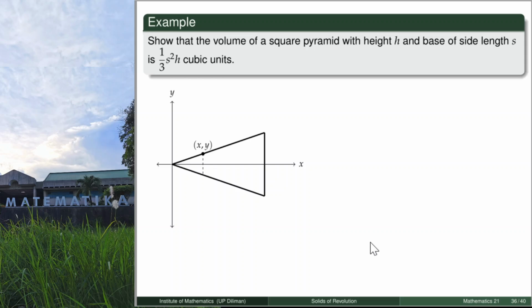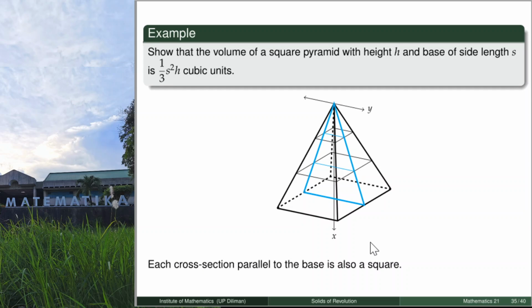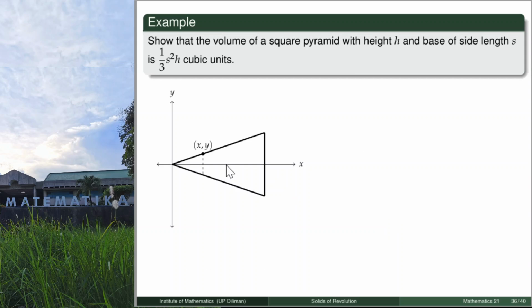So just imagine that we rotated this figure counterclockwise by around 90 degrees to get this figure. So nakahiga na siya, right? Okay, so if you imagine the pyramid, this is the top of the pyramid, and this part, nandito yung base ng pyramid from before, okay?